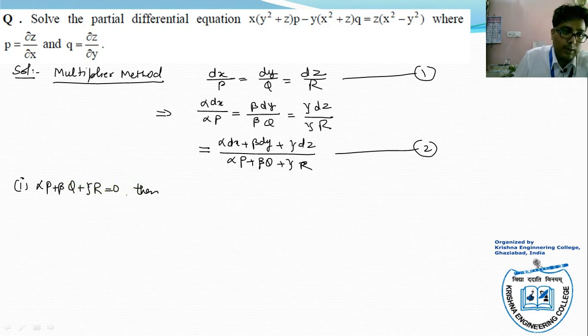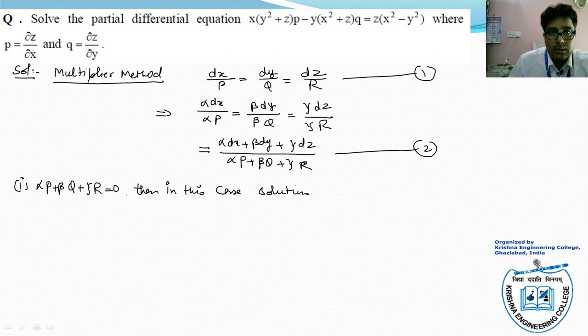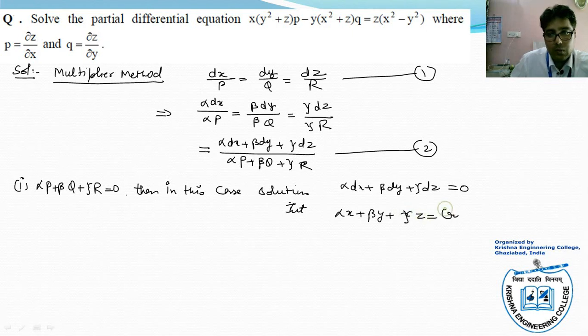Then in this case the solution is alpha dx plus beta dy plus gamma dz is equal to 0. Integrate, and alpha x plus beta y plus gamma z is equal to constant.